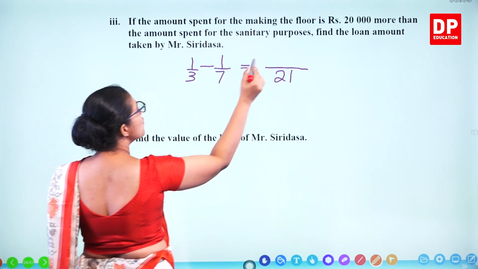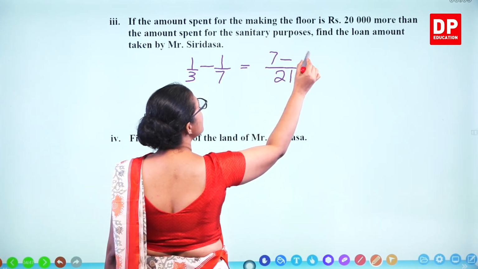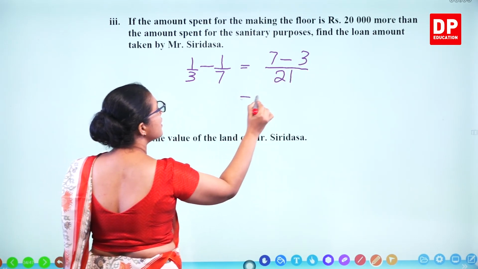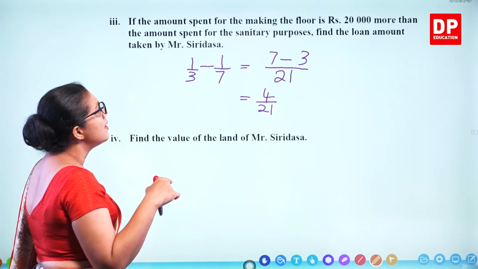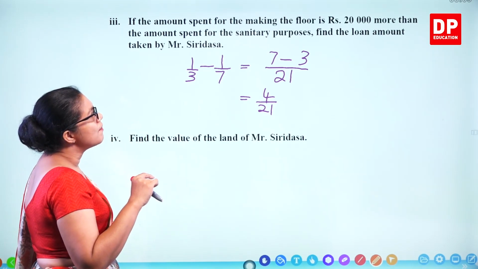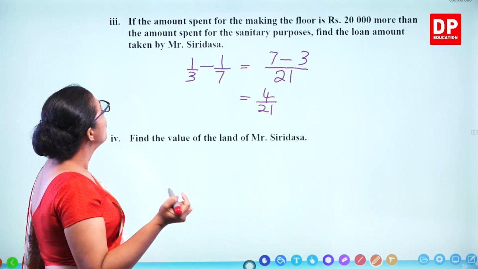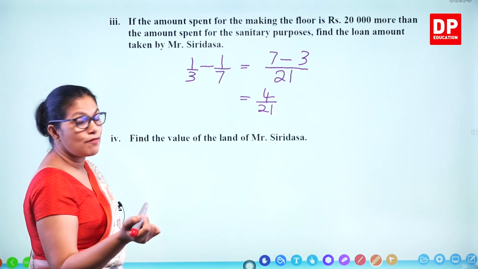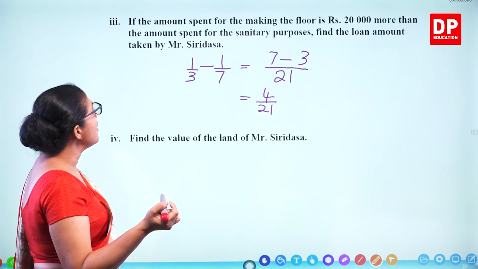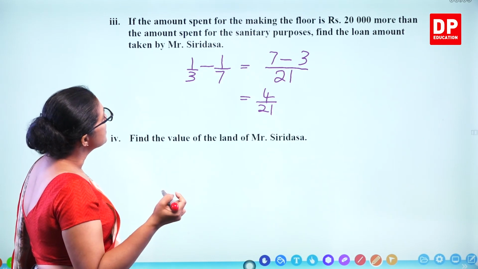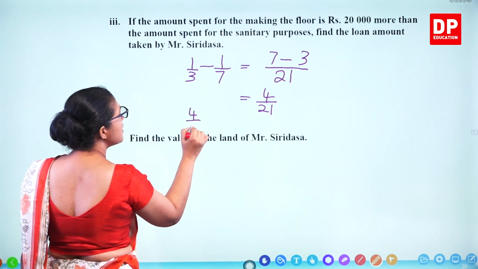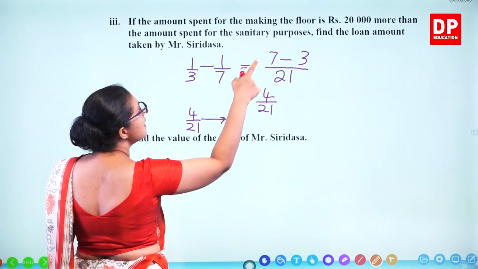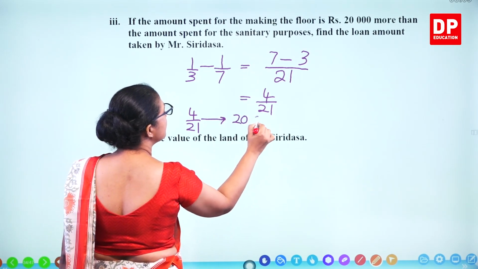So 7 times 1, 7, and 3 times 1, 3. 4/21. This is the difference between making the flow and the spending on sanitary purposes.